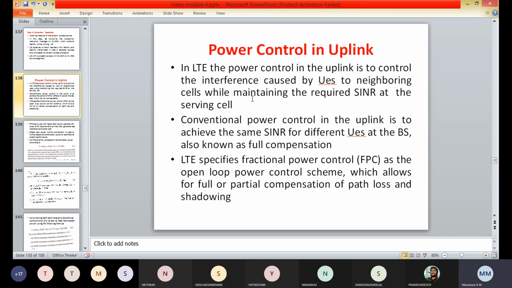They are able to transmit the higher data rates. Power control.